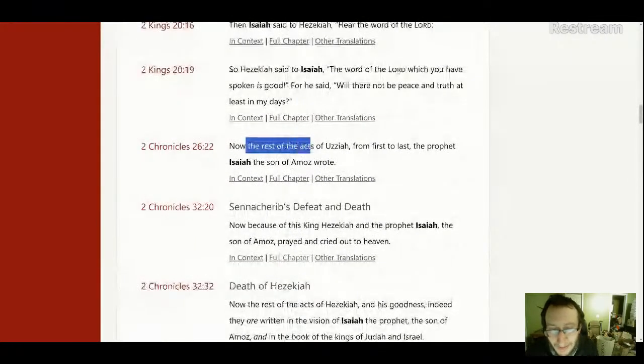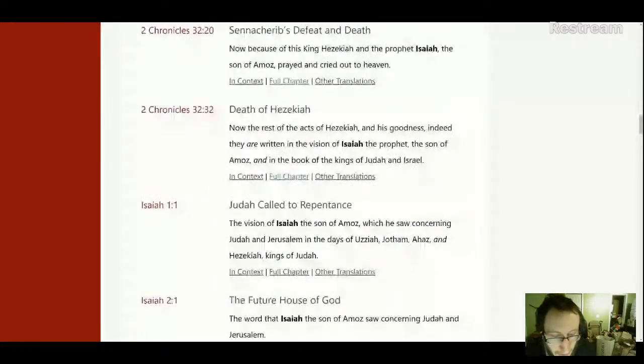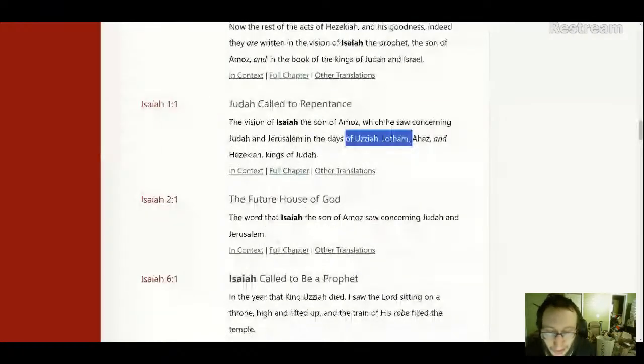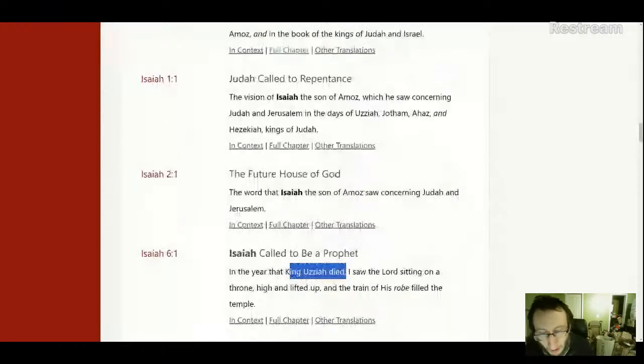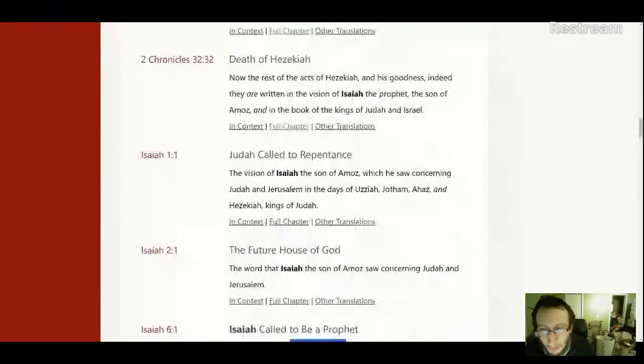The rest of the acts of Isaiah from first to last, the prophet Isaiah, the son of Amos, wrote. Our copies of Isaiah do not have anything about Isaiah in it. All it says is the vision of Isaiah in the days of Uzziah, Jotham, Ahaz, and Hezekiah. And then in one place it says, in the year that King Uzziah died, I saw a vision. That does not fit what it says.